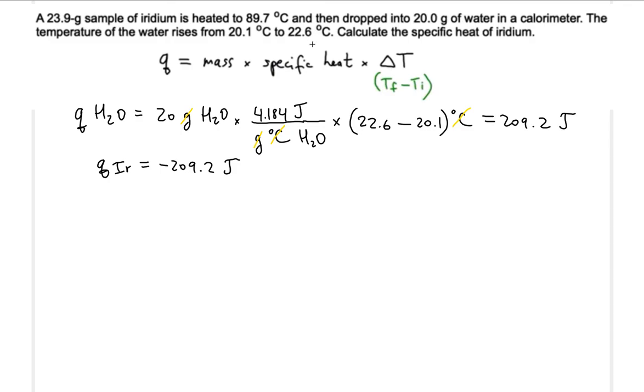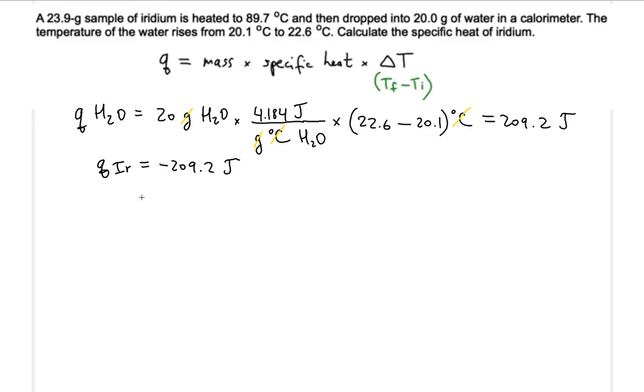This is the law of equilibrium: at a certain point, iridium and water will have the same temperature. So that's the final, and the initial, of course, is 89.7. We know all of these parts, and the only component we don't know is the specific heat, so let's solve for that.